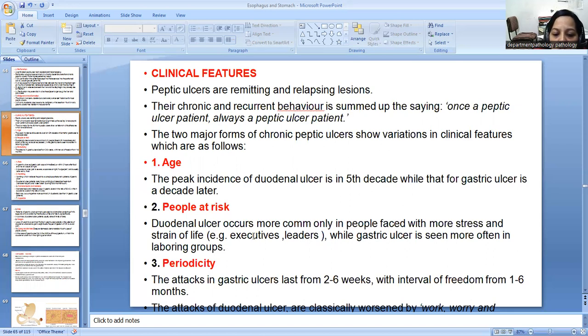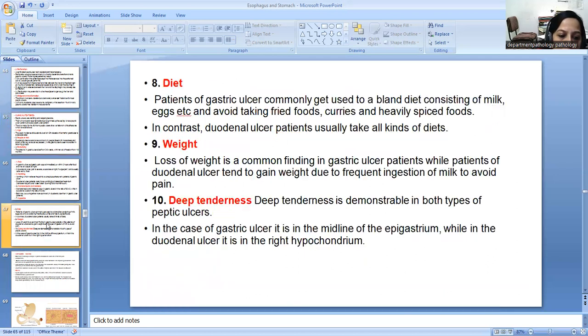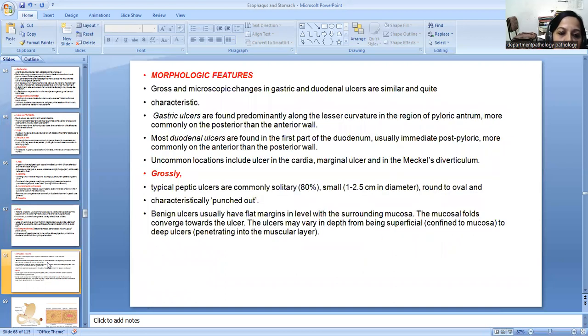People at risk: duodenal ulcer occurs more commonly in people faced with more stress and strain of life. Periodicity: the attacks in gastric ulcers last from 2 to 6 weeks with intervals of healing for 1 to 6 months. These factors we have already discussed.